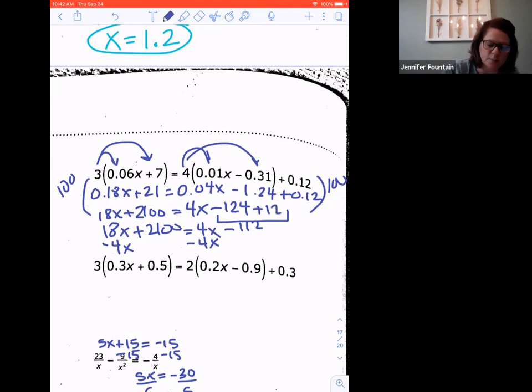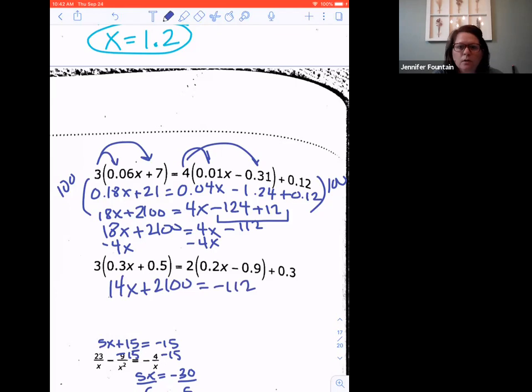Okay, so 18x minus 4x is 14x plus 2100 equals negative 112. Now I'm going to move that 2100. I move it by subtracting. So 14x is equal to, I've got negative 112 minus 2100.